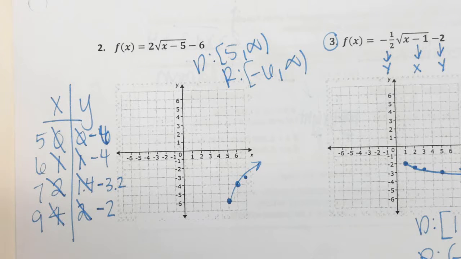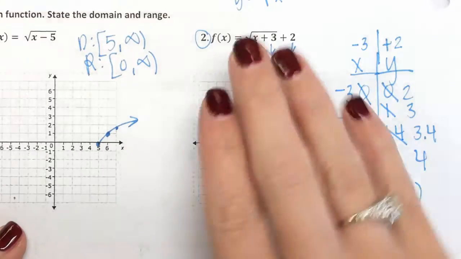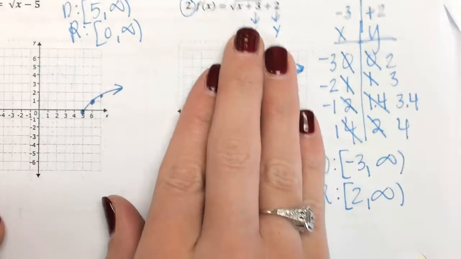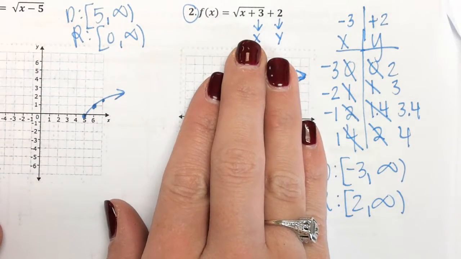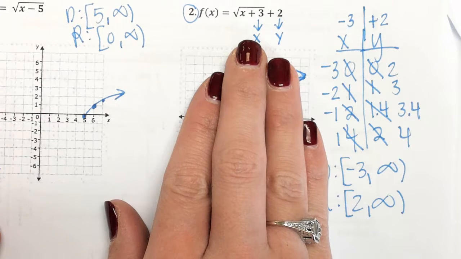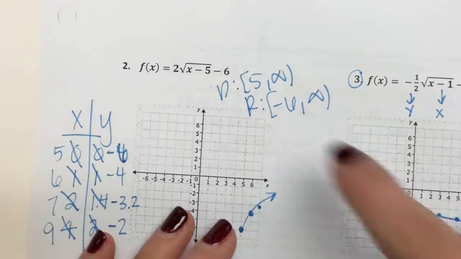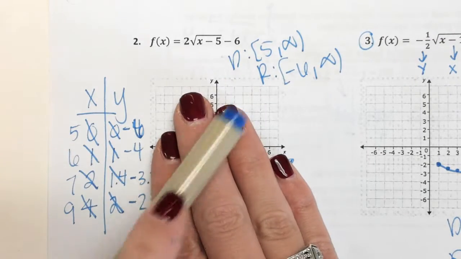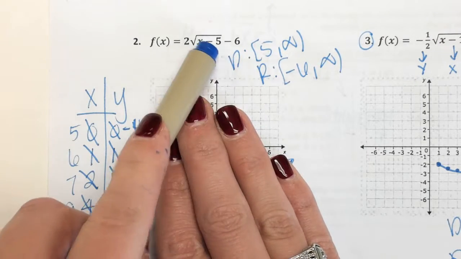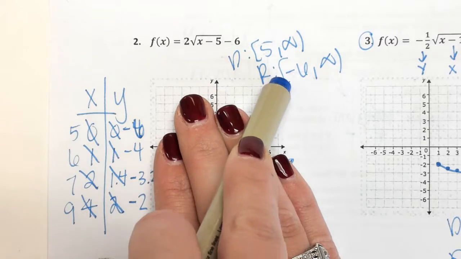Yes? No? Yes? Okay. So without the graph, how could I tell what the domain and range is from this graph? The 3 and the 2. Yes, but this one's different, right? -3 and 2. Same thing here. Even if there's a number in front, again, the domain is with the 5, and then the range is with -6. Everybody see that?